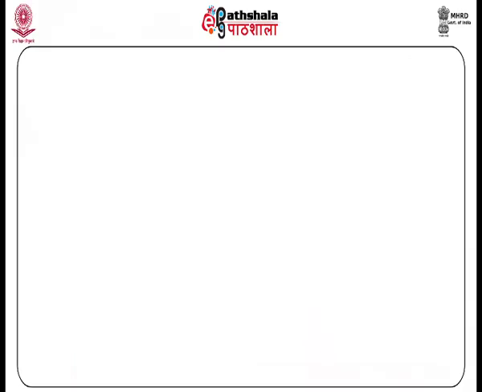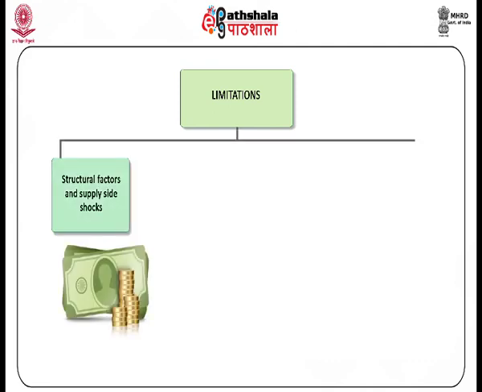At the same time, the monetary authorities have recognized the following limitations of and constraints on pursuing a single price stability objective. A. Structural factors and supply side shocks from within and abroad make inflation depend on monetary as well as non-monetary factors, and therefore, the role of monetary policy in inflation outcome is limited.